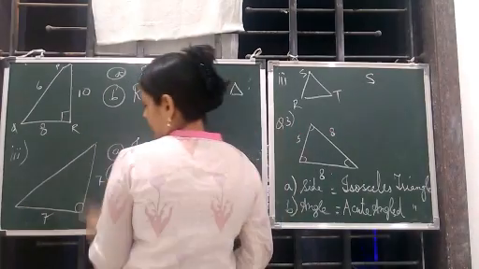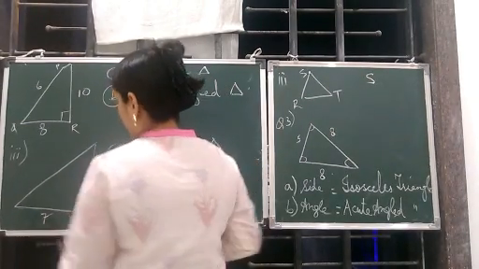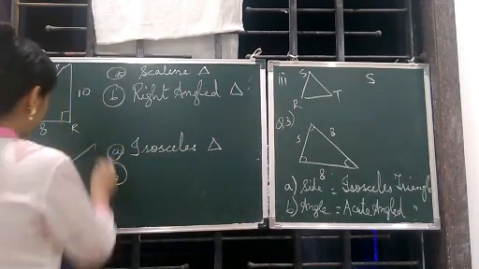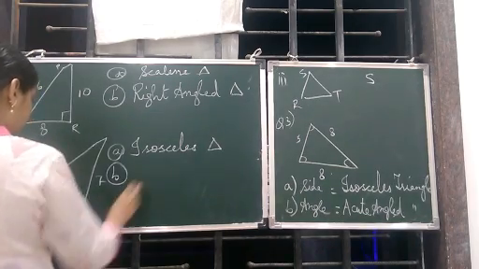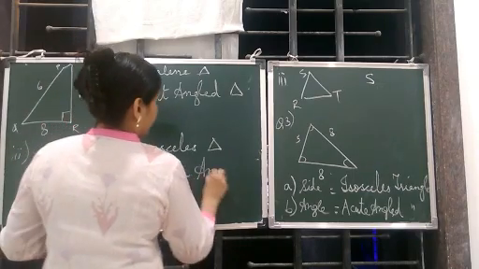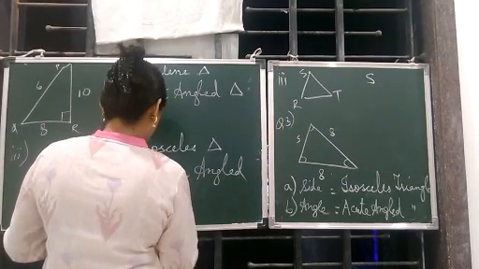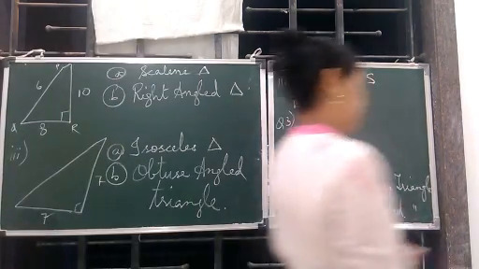The marking is not like this, so it is obvious that it is obtuse, more than 90. Let's make it like this. So this is obtuse angled triangle.